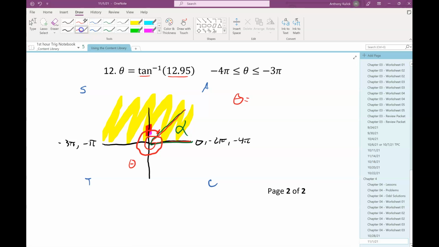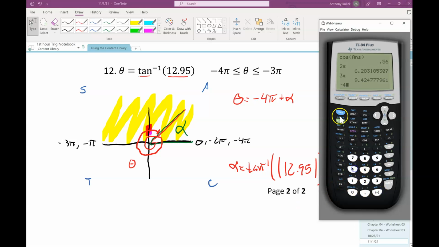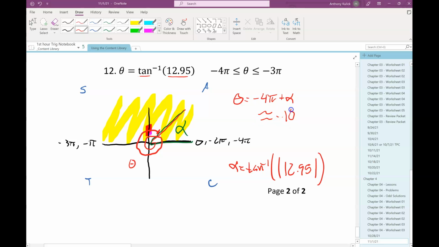It is going to be negative 4 pi plus alpha, where the alpha is, again, the absolute value of the inverse. So that's a negative 1107. Oops.